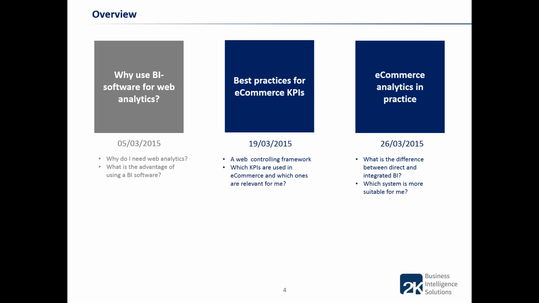So the last part, we will then be talking about the difference between direct and integrated business intelligence. I'm going to touch on that briefly today towards the end, so you know what the difference is, and going to give advantages and disadvantages of both of those systems.